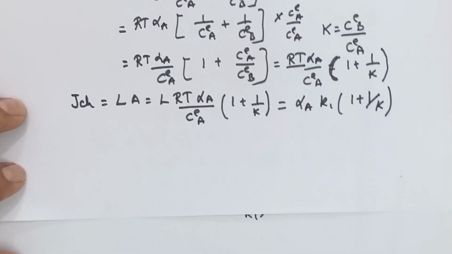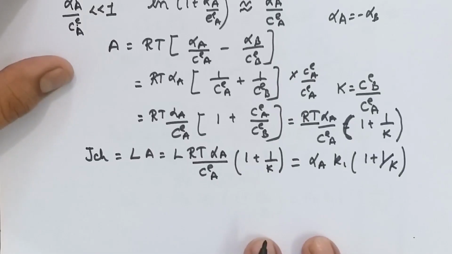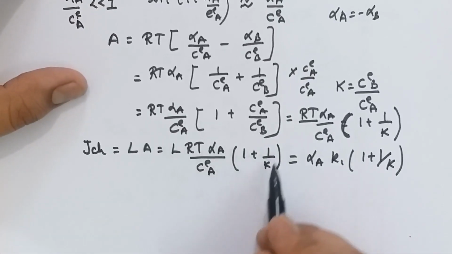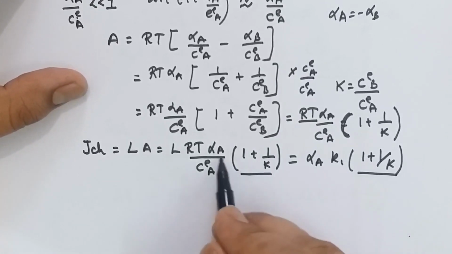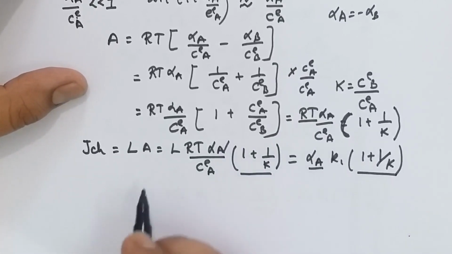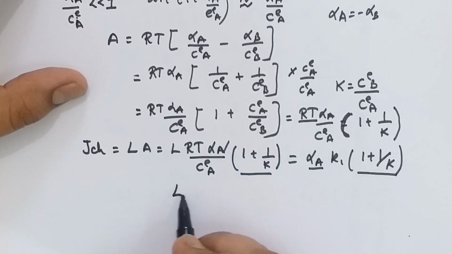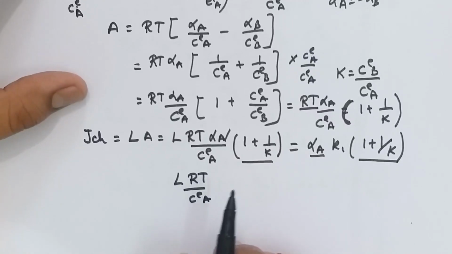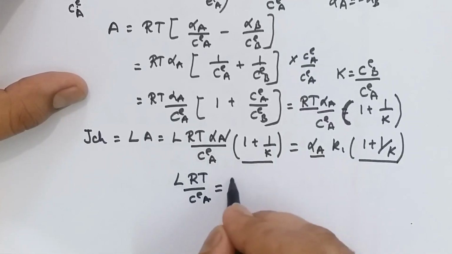When we simplify this expression, alpha A and the common terms cancel out, and we are left with L RT upon CeA equal to K1.